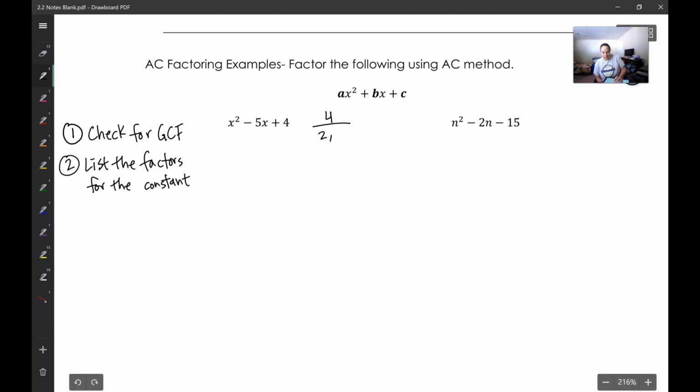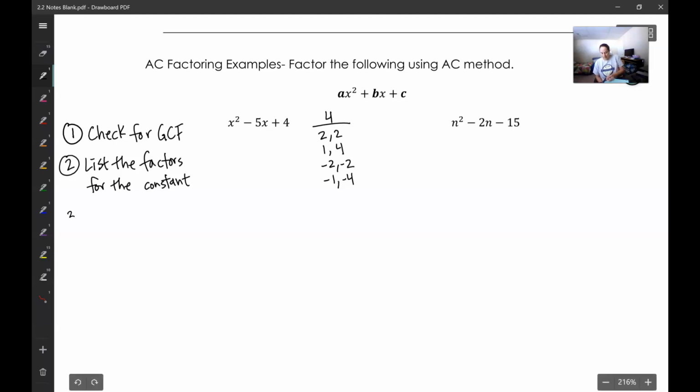So I've got 2 and 2 multiply to 4, and 1 comma 4 multiplies to 4. Now I've actually got 2 more in here. -2 and -2 multiply to a positive 4, and -1 and -4 multiply to a positive 4. So those are all the possibilities of numbers that multiply to my constant term.